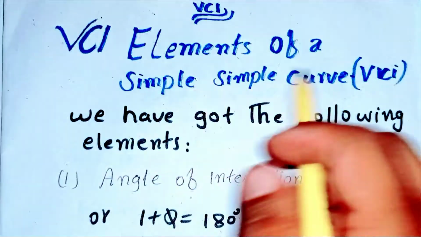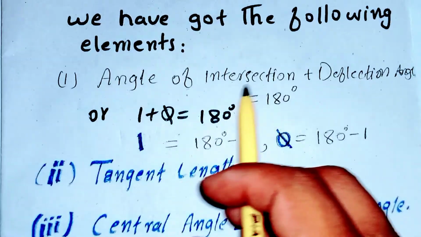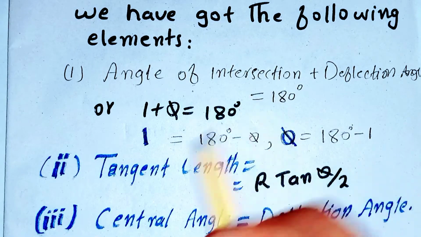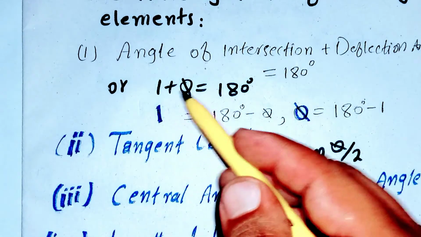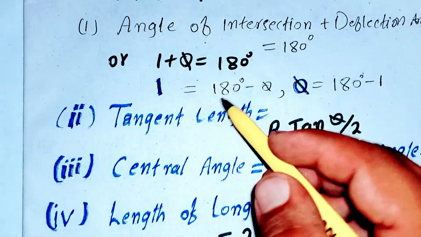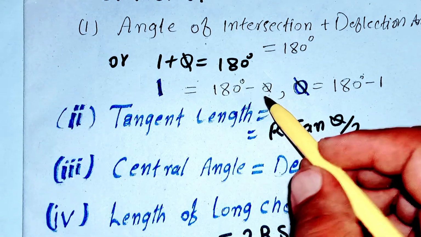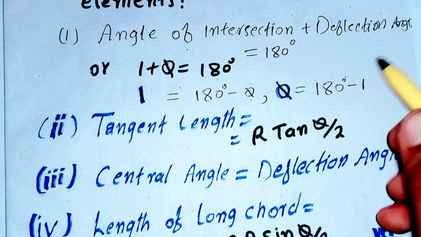So finally, for the elements of a simple curve, we have the following. Angle of intersection plus deflection angle is equal to 180 degrees. Intersection angle is equal to 180 degrees minus deflection angle, and deflection angle is equal to 180 degrees minus intersection angle.